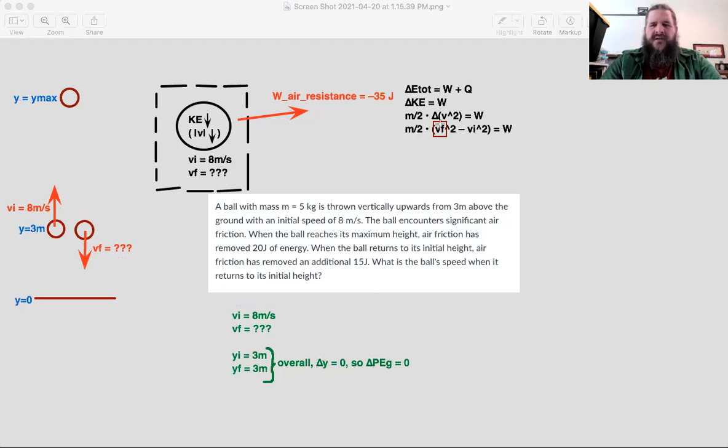You could certainly distribute it to both of these terms, but since we want to isolate V final, I think it'd be easier to just get rid of that m over 2 first by multiplying both sides by what? What's the opposite of multiplying by m over 2? Yeah, dividing by m over 2, which is the same as multiplying by what?